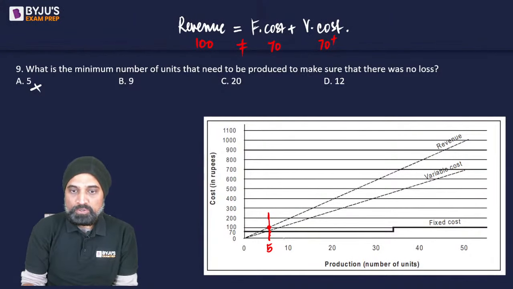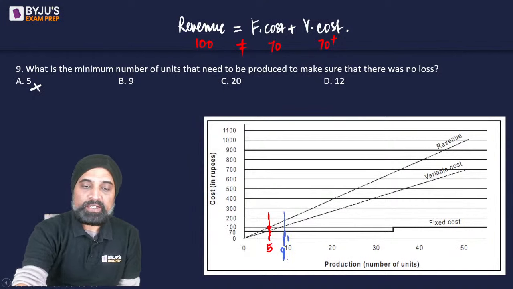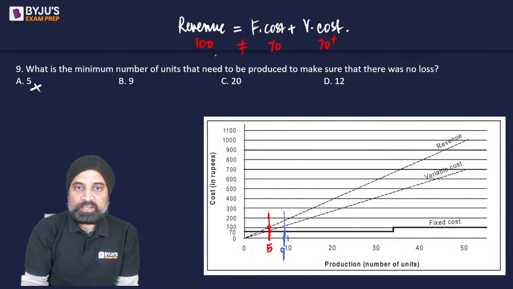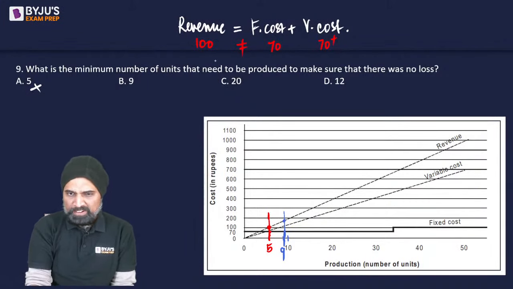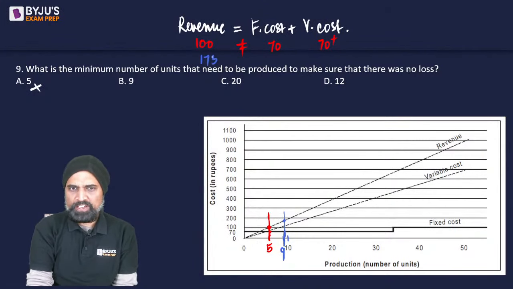Option B is going to be 9. Suppose this is 10. So let's say this is 9. Right? Now, if you look at that, what is the revenue? Can we say revenue is a little less than 200, between 150 and 200, so 175. What is fixed cost? That is 70.